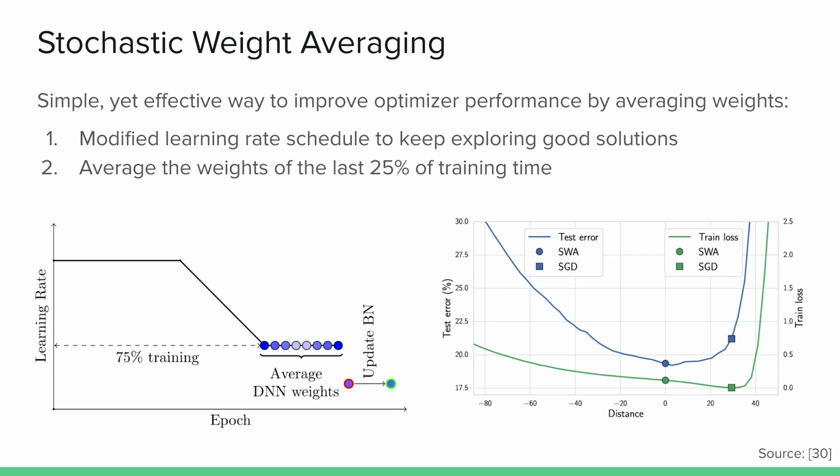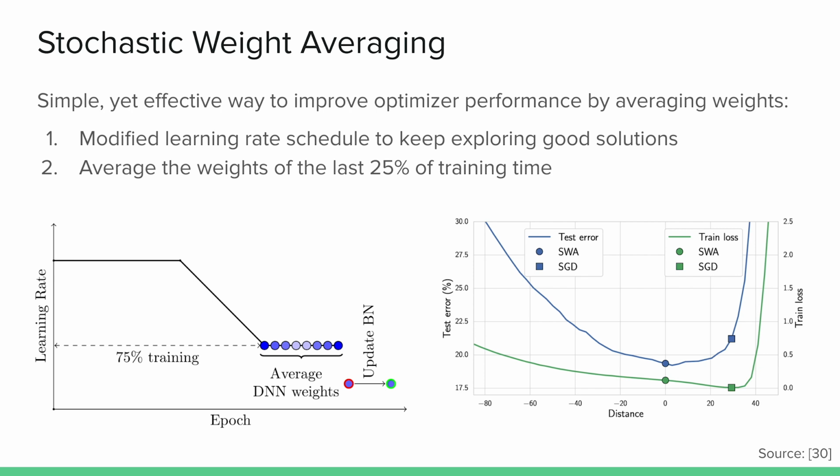For the remaining 25% of the training, we keep a learning rate that is not too low. So we keep a moderate learning rate and we keep track of the weights that we compute here after a couple of steps. This allows the network to keep exploring good solutions.